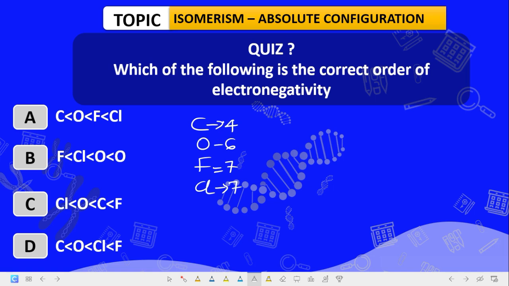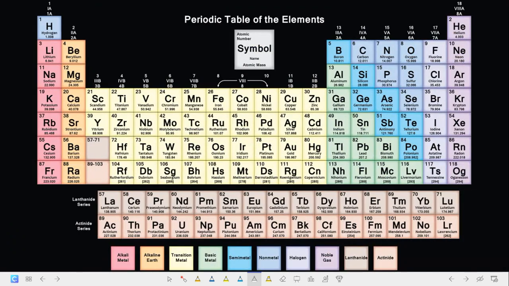So the correct order is, now carbon, oxygen and fluorine are in the same period in the periodic table, so it follows the order. If you look at the periodic table, I think I have a picture of the periodic table here. You have carbon, right? Then after carbon, what do you have?